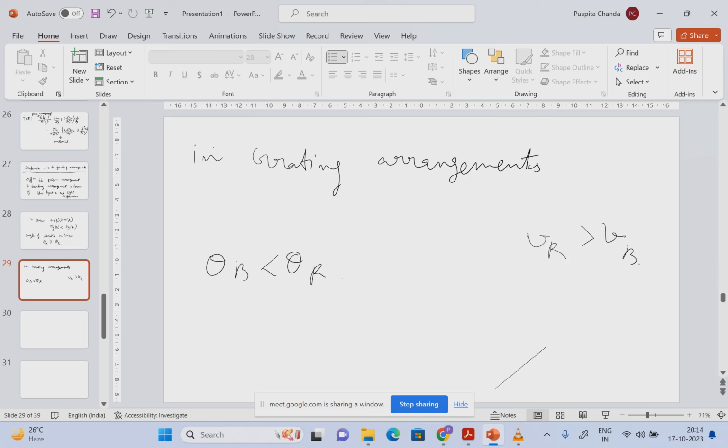like if this is a grating, and another grating is here.